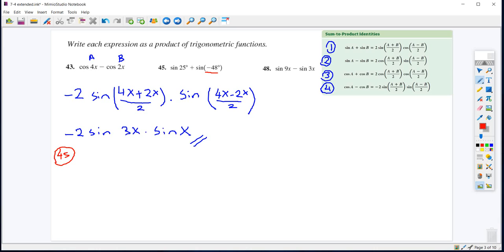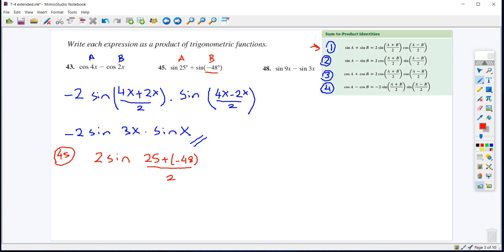If you can see, it's sine plus sine. That's definitely formula 1 here, right? So we can tell a is 25, b is negative 48. Let's just put it on top again. A is 25, b is negative 48. Follow the formula. Formula says 2 sine a plus b over 2. So 25 plus negative 48 over 2.